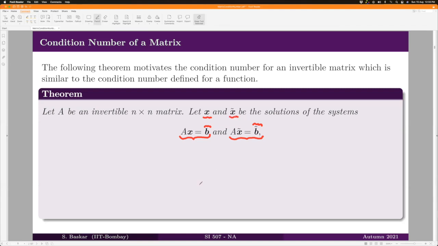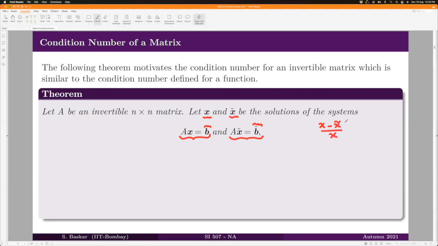Now the question is, what is the relative error in x tilde when compared to x? This may be a little surprising for us, how to obtain the relative error in a vector, because if you recall, the relative error is x minus x tilde divided by x.